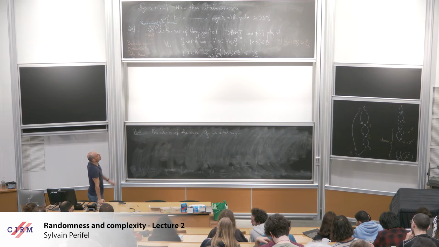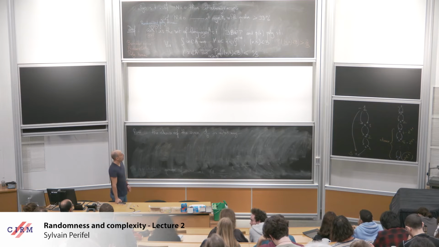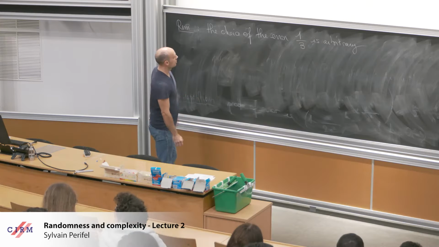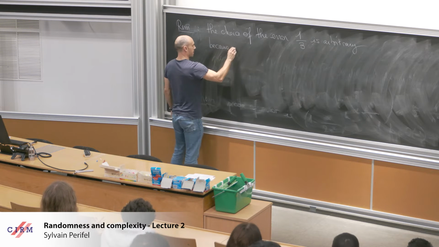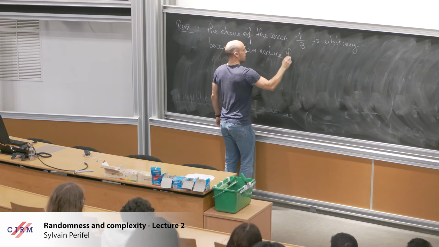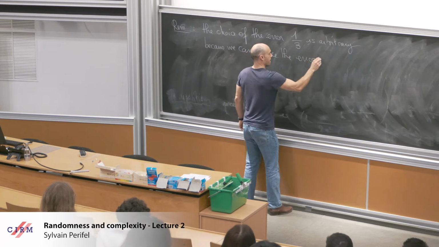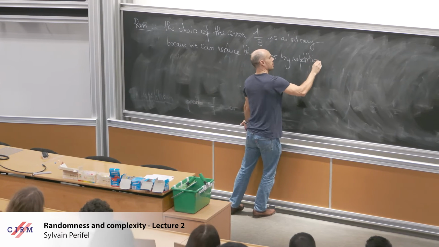And in BPP, you could choose any constant strictly between 0 and 1/2, okay? And why? Because we can reduce the error by repetition. So let me try to write what it means.